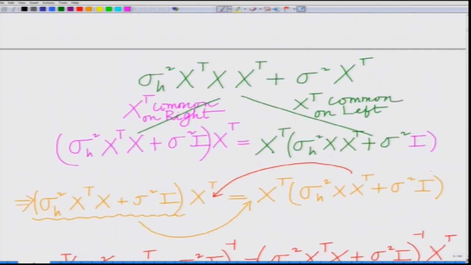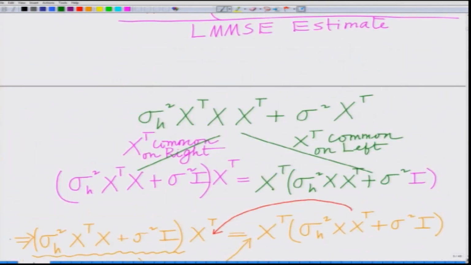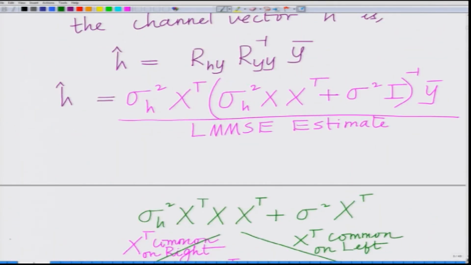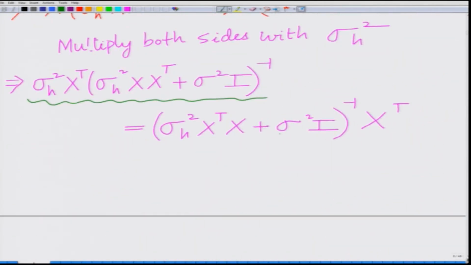Now if you look at the quantity sigma h square x transpose times sigma h square x x transpose plus sigma square I inverse, it is exactly equal to this quantity. If I call this quantity star, this quantity is exactly your star.